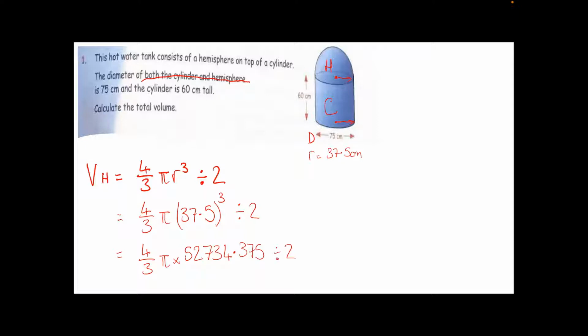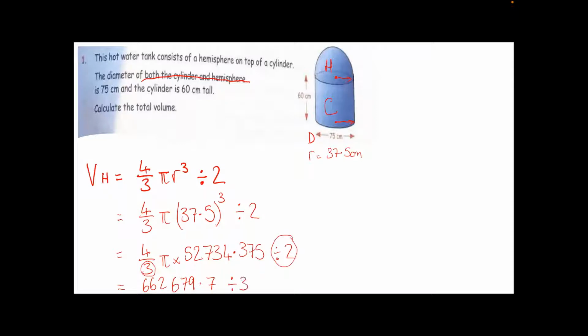So what I would do in my calculator then is do my 4 times by pi times by that number. So if you've still got your big long number there in your calculator, you don't need to clear it. Just straight away hit multiply by 4, multiply by pi, and then that's given me 662,679.7, but we still have to find a third and then half it at the end.